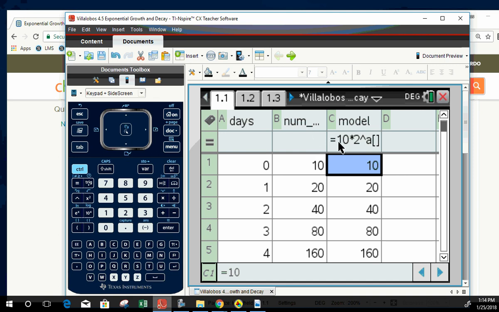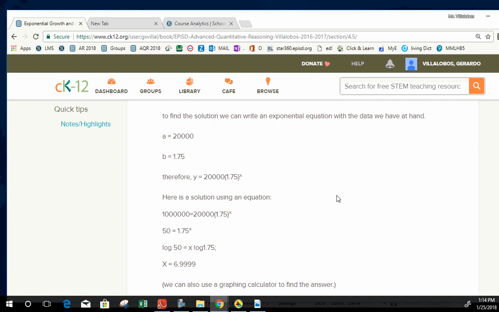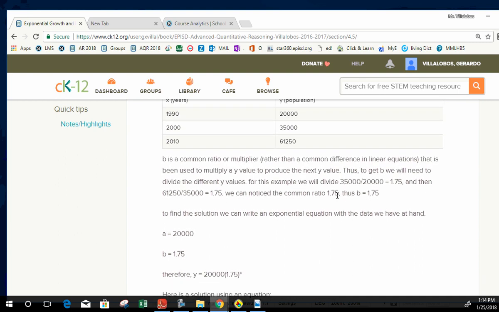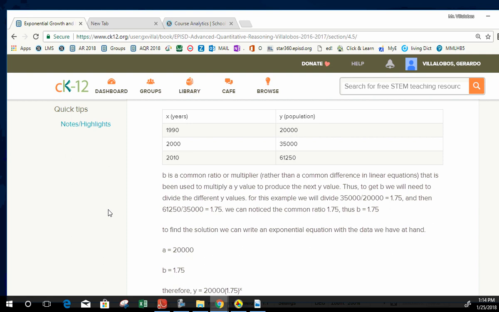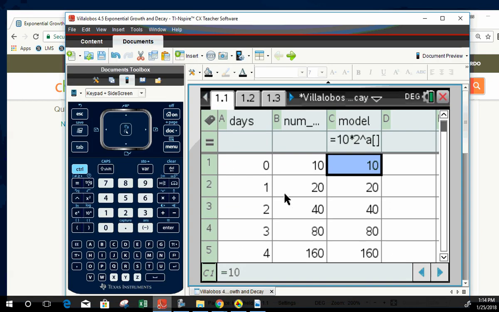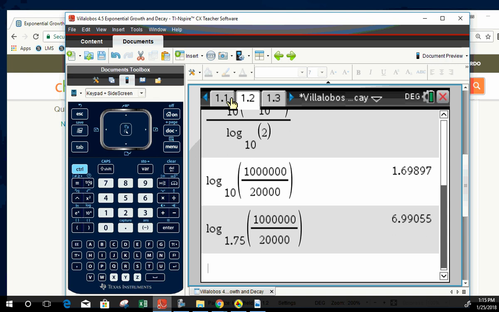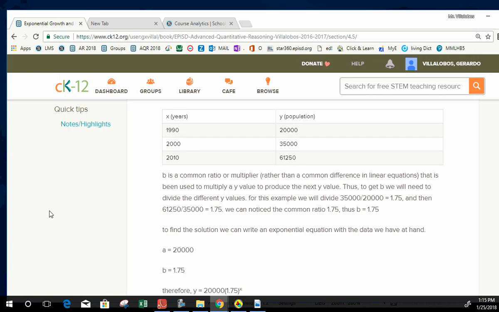But this is the wrong model. 7 years. Right, it'll happen. So that's graphically and algebraically. How do you solve those? And remember the base we got from the table by simply dividing 35,000 by 20,000, just to see.